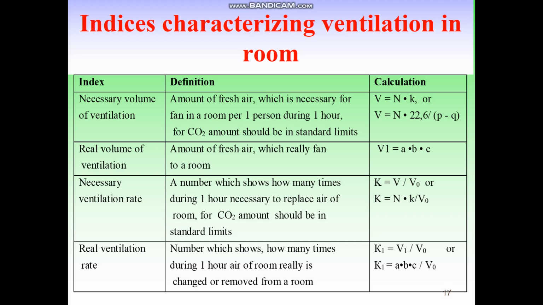Necessary ventilation rate is a number which shows how many times during 1 hour the air of a room needs to be replaced, so that carbon dioxide stays within the standard limit. And real ventilation rate is the number which shows how many times during 1 hour the air of a room is really changed or removed from a room.